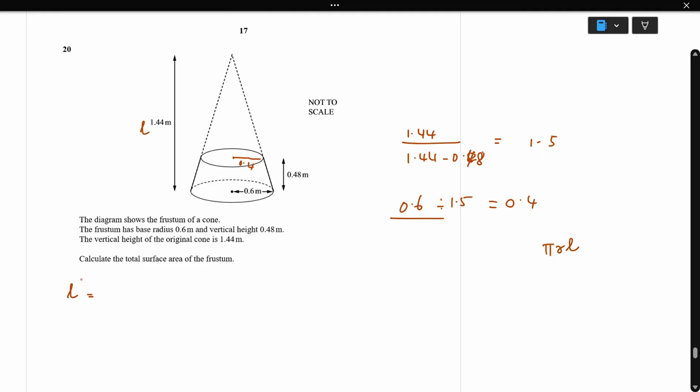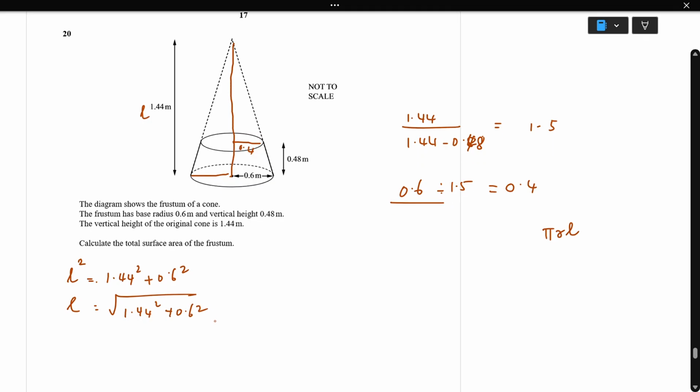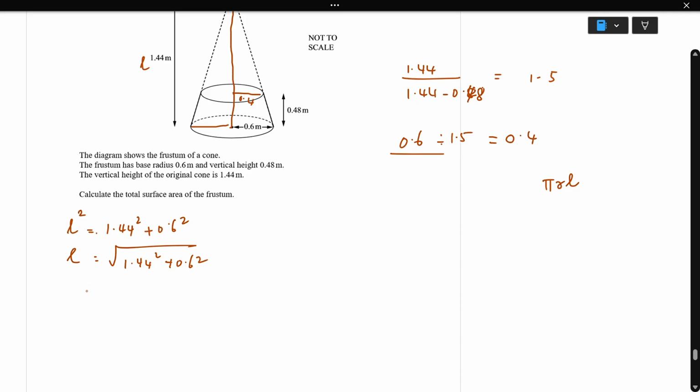Here is a right angle triangle, so the slant height L equals the square root of 1.44 squared plus 0.6 squared, which is L equals 1.56.